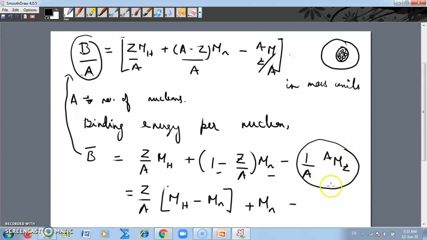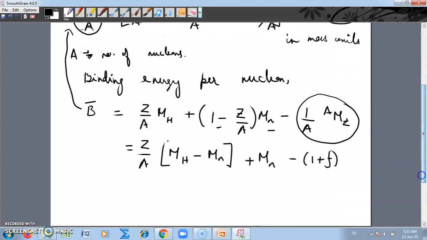If you remember, it is nothing but 1 plus f. We had written it just now. F is the packing fraction here. So this is equal to Z by A (mH minus mn) plus mn, minus (1 plus f).